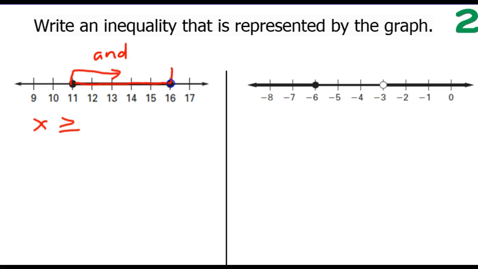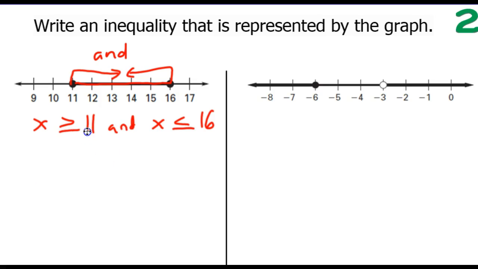We have another closed circle pointing to the left, so we have an x pointing to the left, equal to. The first one is at 11, so x is greater than or equal to 11, and x is less than or equal to 16.